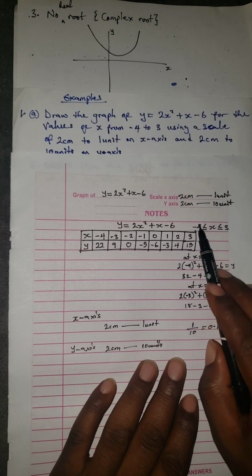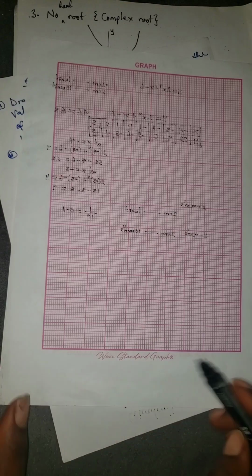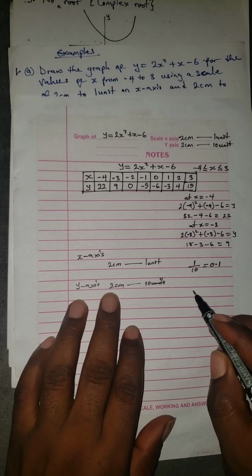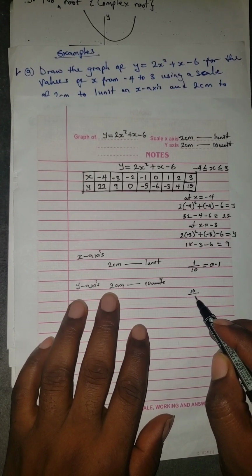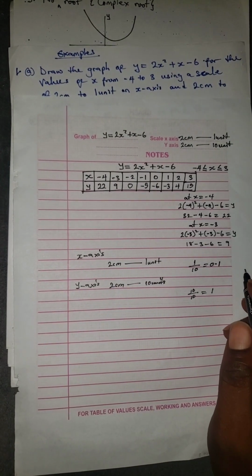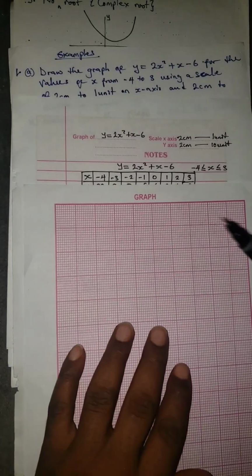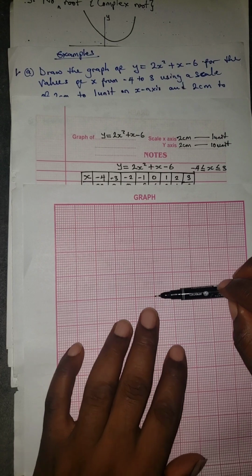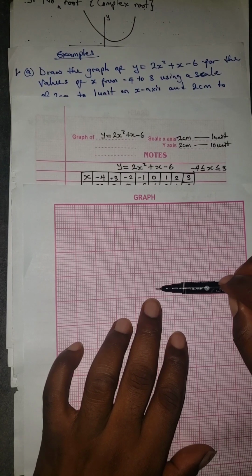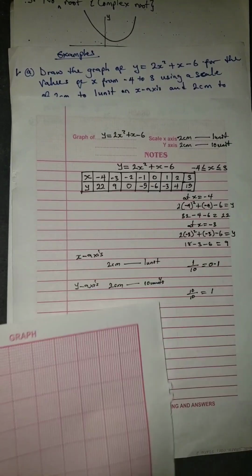Each of the tiny lines, all these small lines here, on the y-axis is going to give us 10 over 10, that will give us 1. So each tiny line in the y-axis is going to be 1. So if here is 10, then the next one will be 11, 12, 13, 14, like that. Okay, so let's first plot this graph.